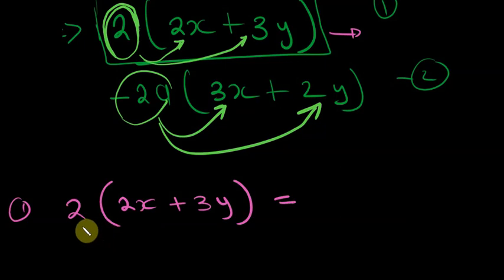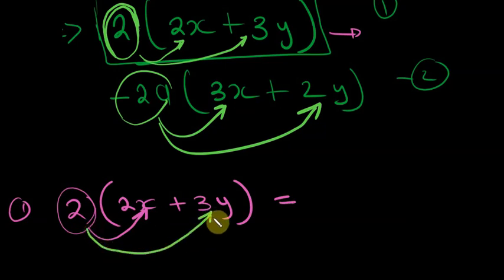You multiply the number which is outside the bracket by every term inside the bracket. Okay, this 2 will multiply by 2x, and then it will also multiply by 3y. Okay, cool.